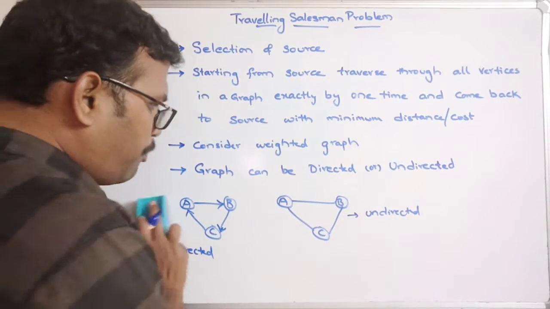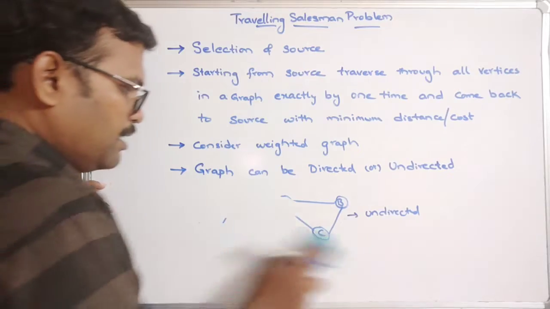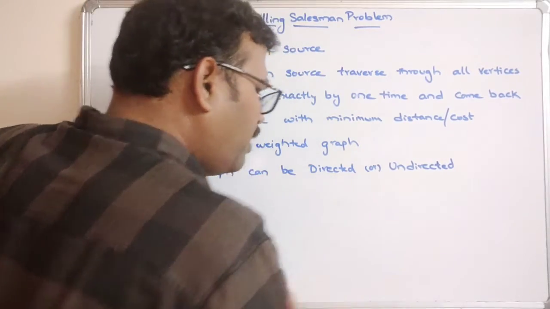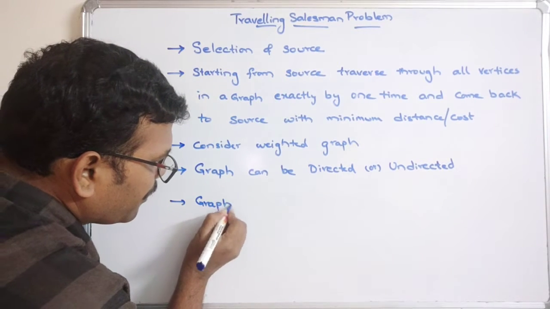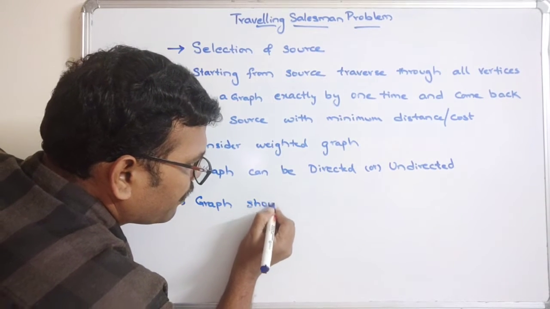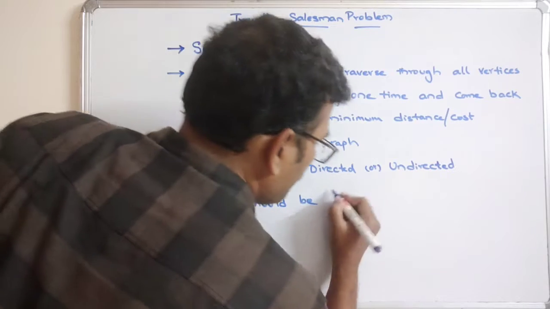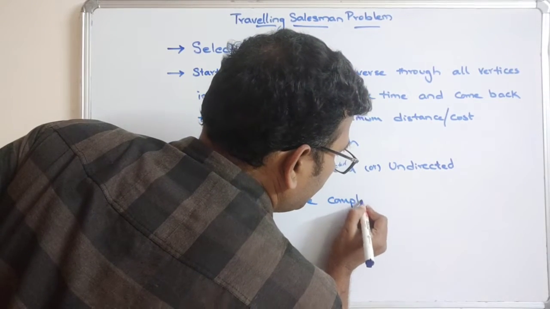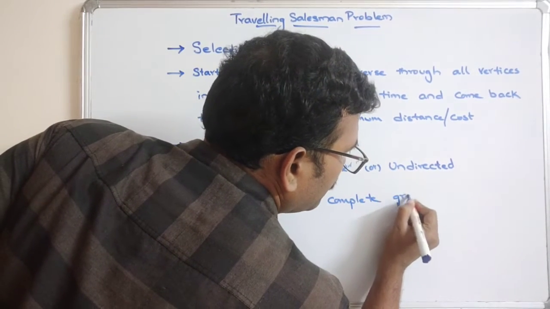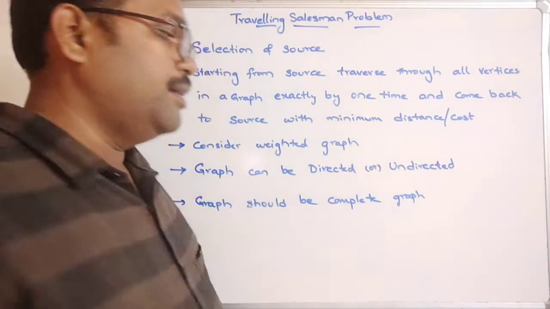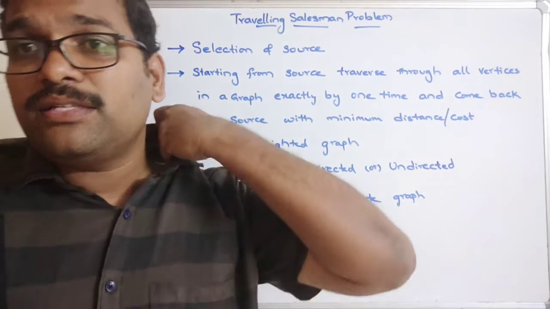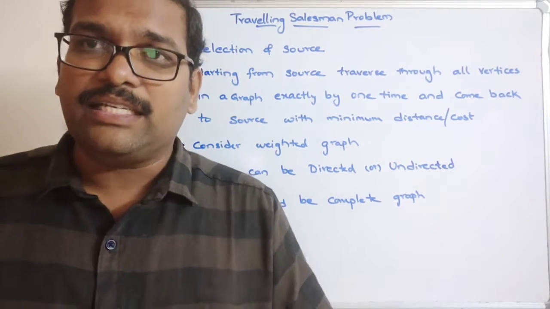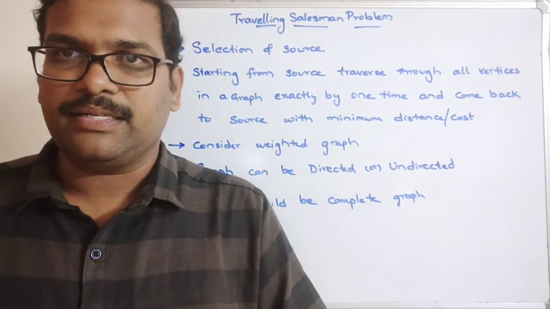And one more important point is that the graph, either directed or undirected, should be a complete graph. So what do we mean by a complete graph? Every vertex should have an edge to all other vertices.